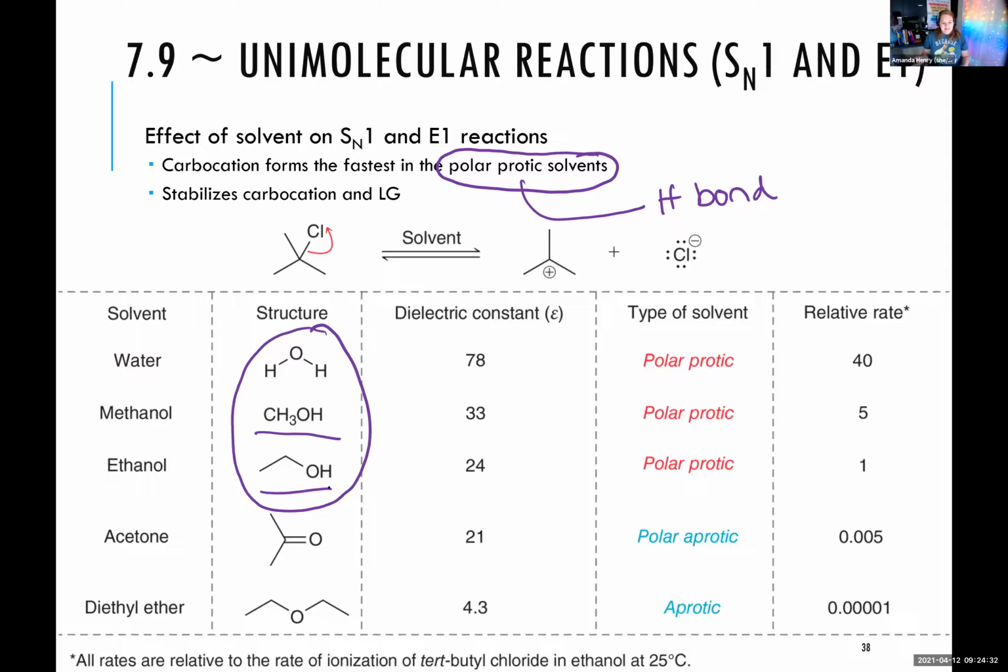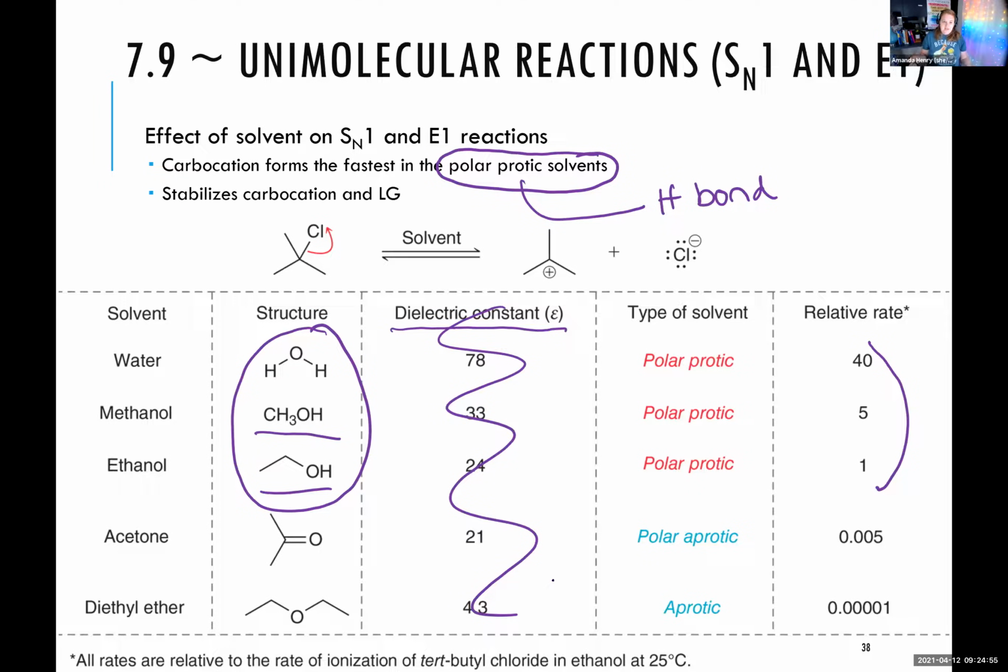This slide is showing us how fast the reactions are happening in polar protic versus aprotic. The dielectric constant is a measure of polarity. It is something to ignore. Really, the takeaway from this is we want to have a solvent that is polar protic.